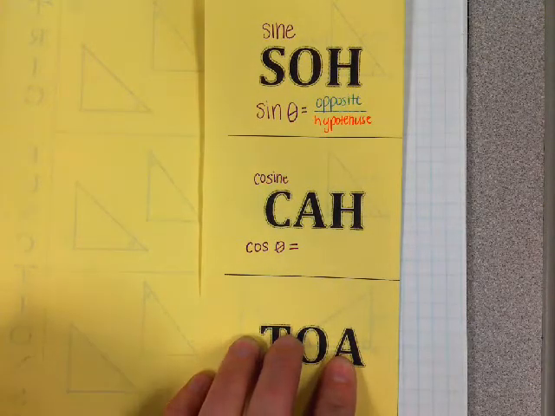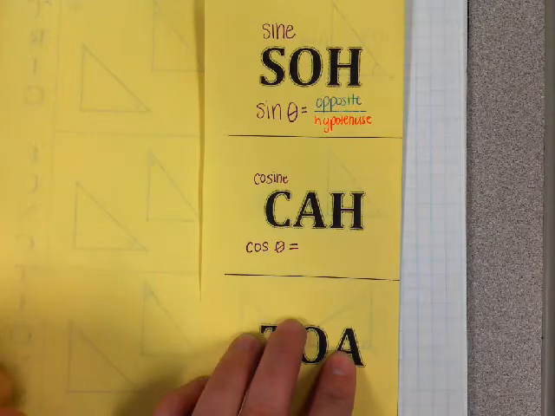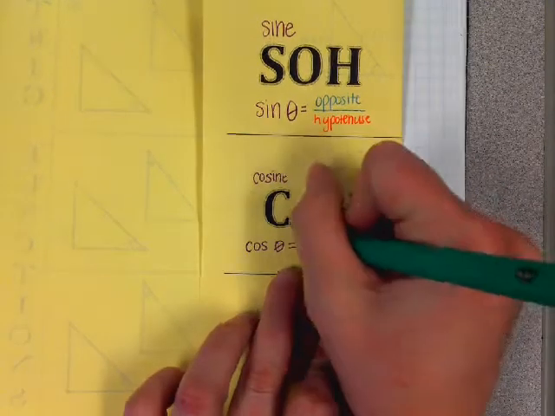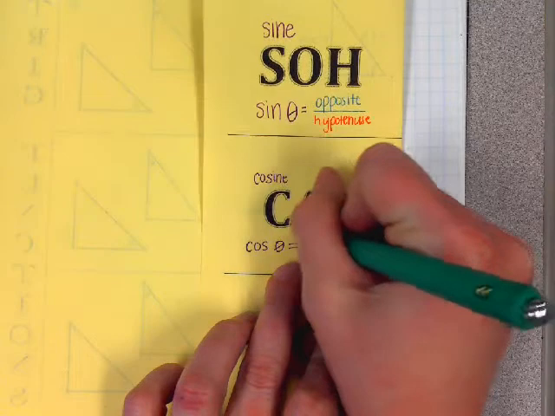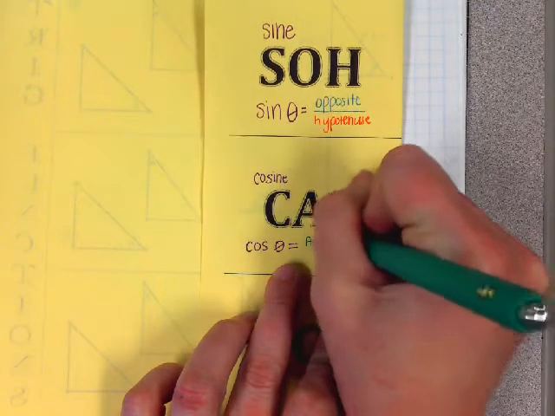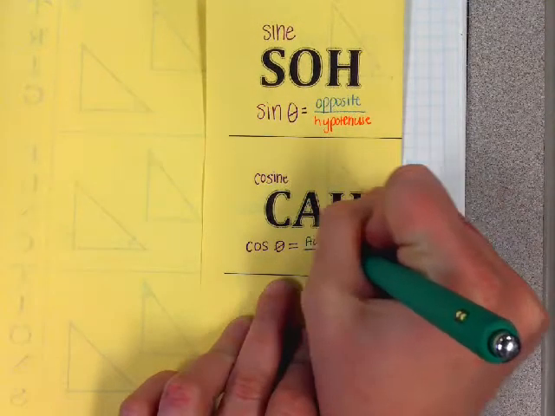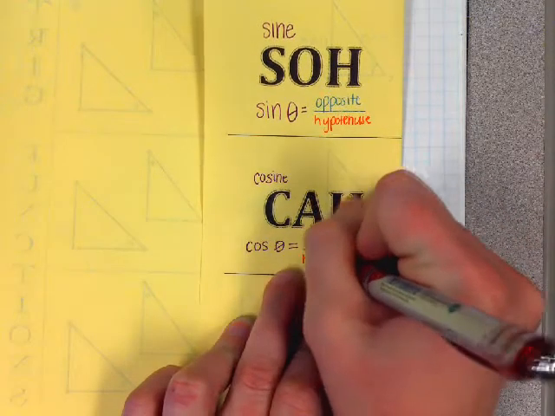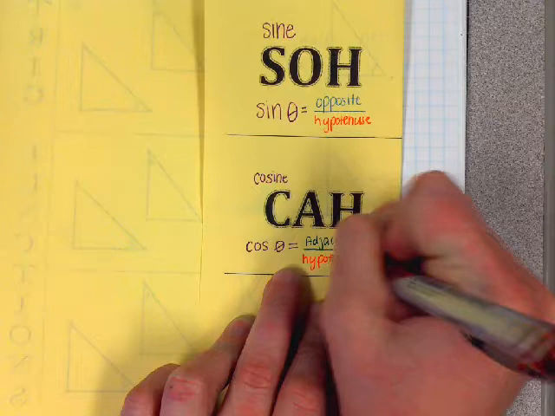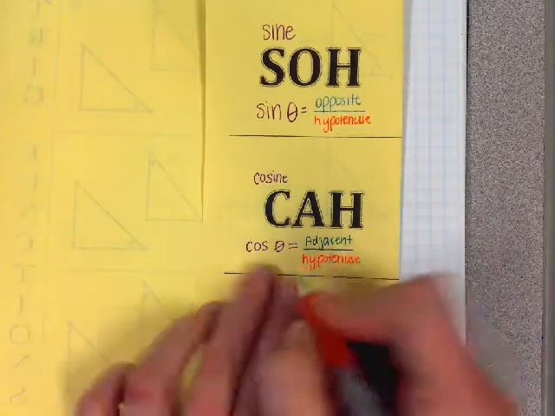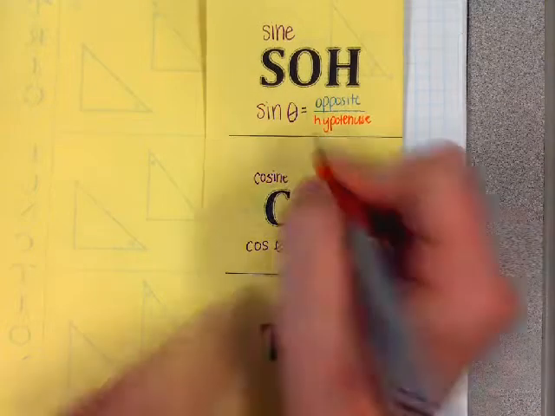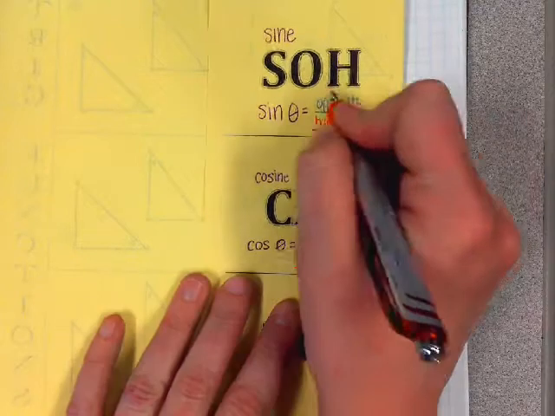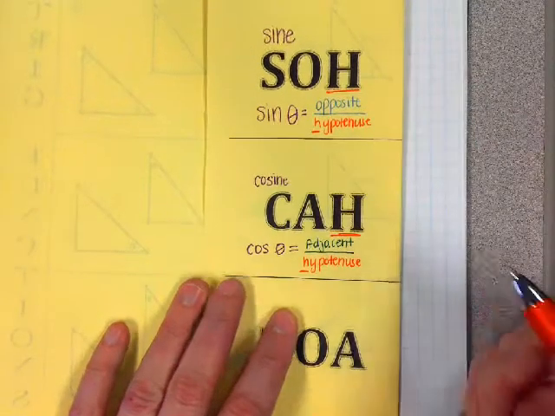Let's use green. Hopefully that green shows up. Sorry, I'm talking to myself. So notice the H, the H, the H, and the H.